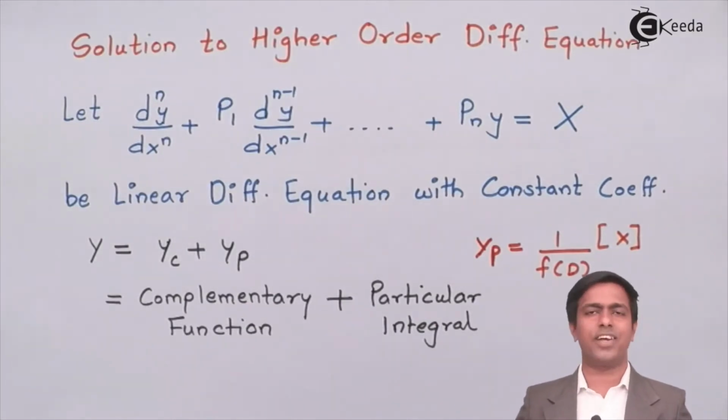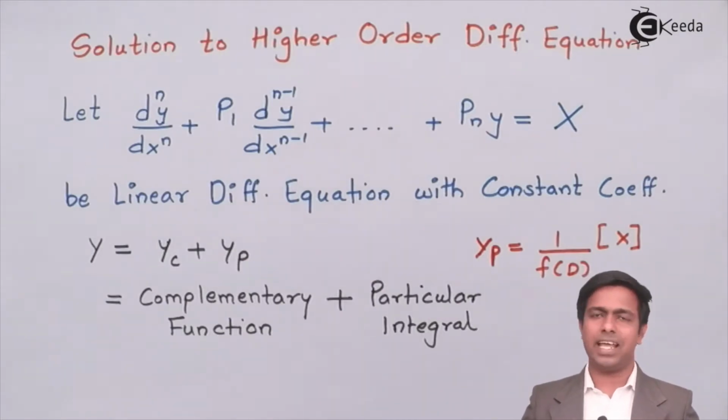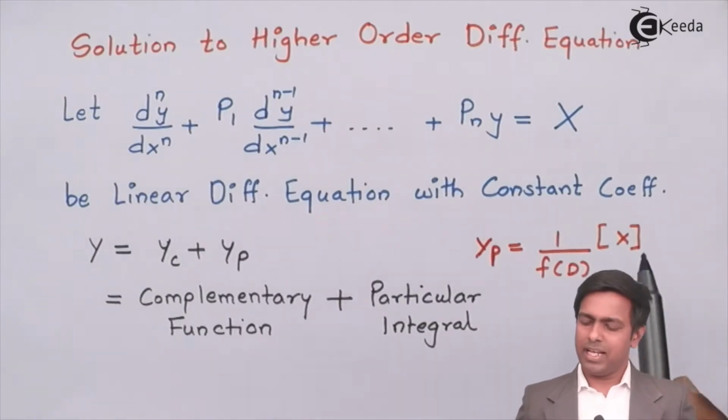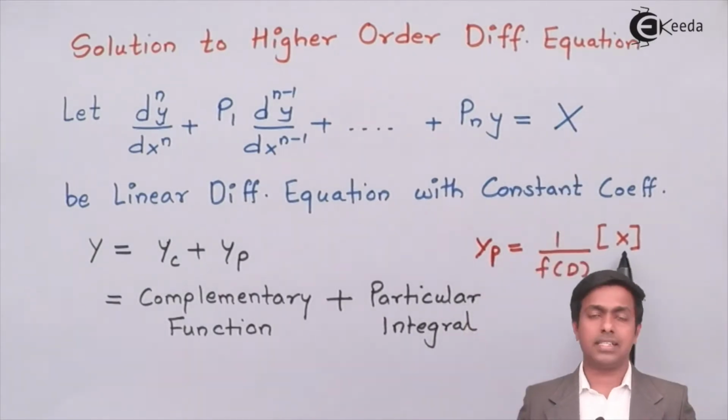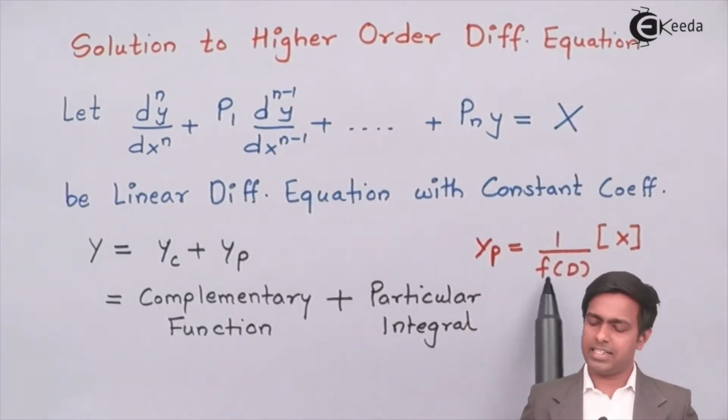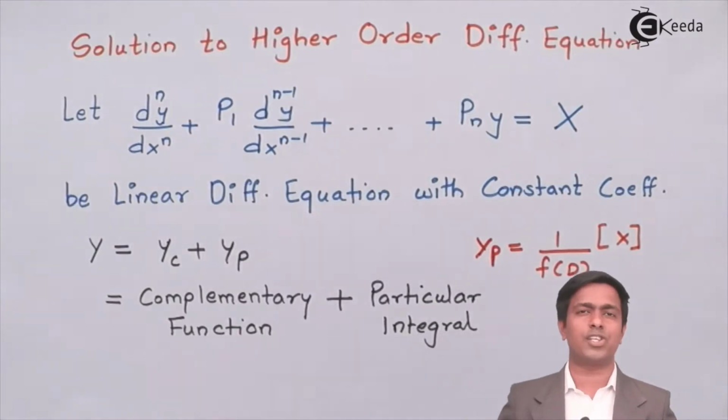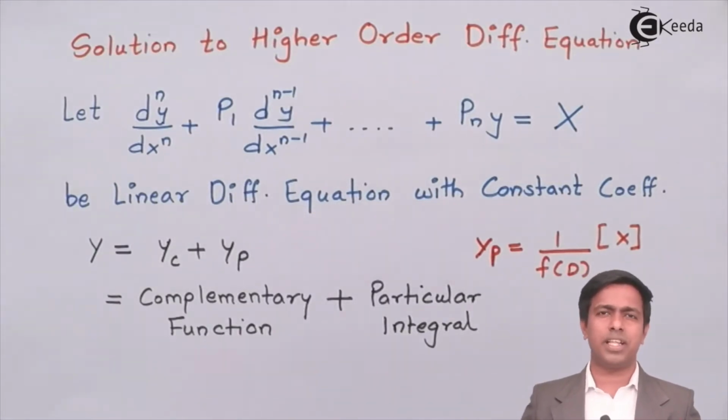So you can see here I have written it is 1 upon f of D multiplied by X. So let's understand what does it mean. So this X is nothing but our right hand side. So this is the right hand side and this f of D is nothing but the function of D. Now you must be thinking how to find out that function of D.